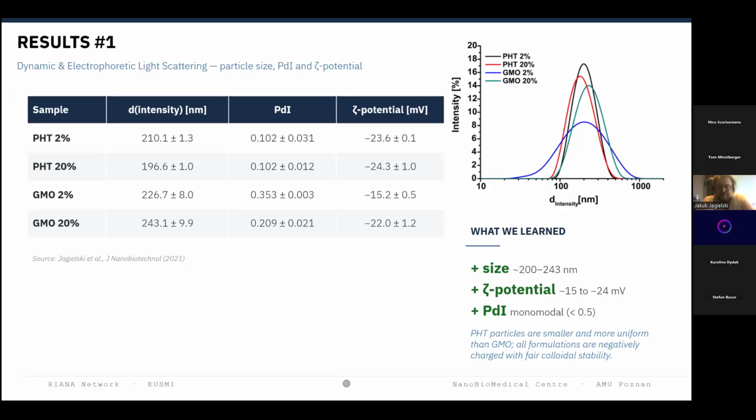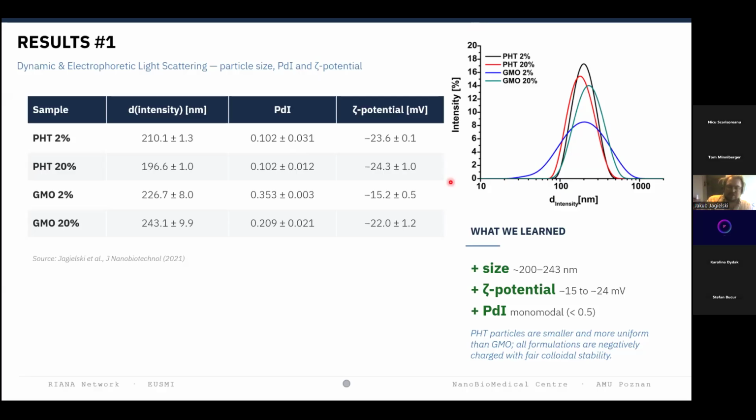PDI, so polydispersity index values, remain below 0.5, confirming the monomodal size distribution, especially for the phytantriol based formulations, where the PDI is approximately 0.1, which you can also see on this plot here, where for GMO 2%, the distribution is very broad and wide.